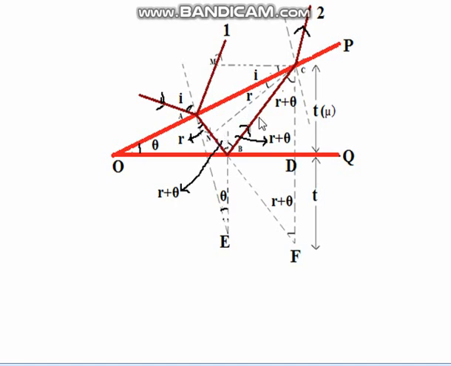Now let's see, the complete angle is twice r plus theta, and this complete angle twice r plus theta is the exterior angle of this triangle. Which triangle? CBF. And in this triangle, this angle is already r plus theta. Then what is the value of this angle? The value of this angle is r plus theta, because the exterior angle is twice r plus theta, and you know that the sum of two interior angles is equal to the exterior angle.